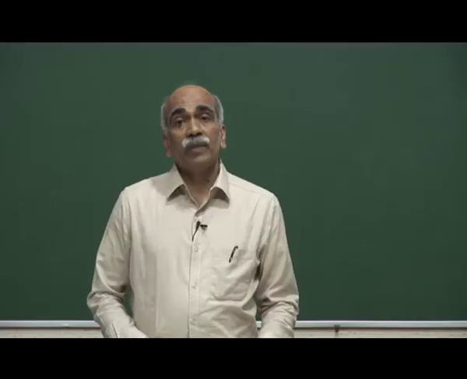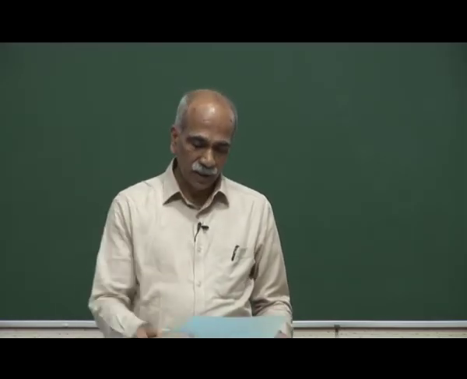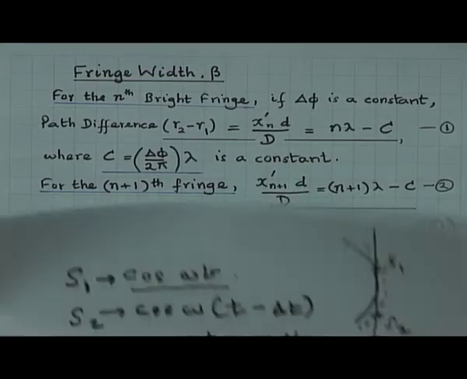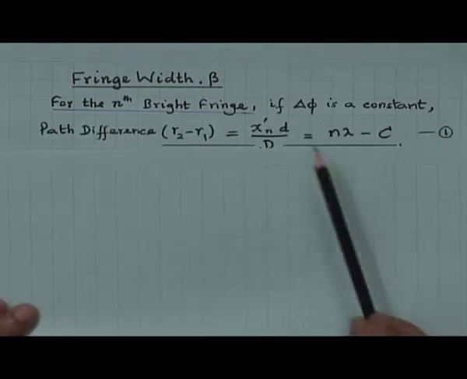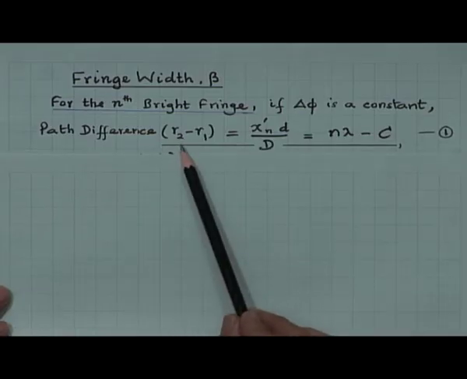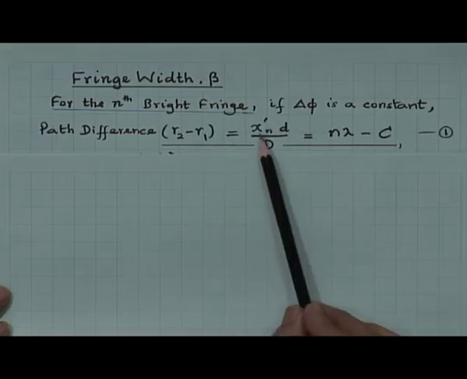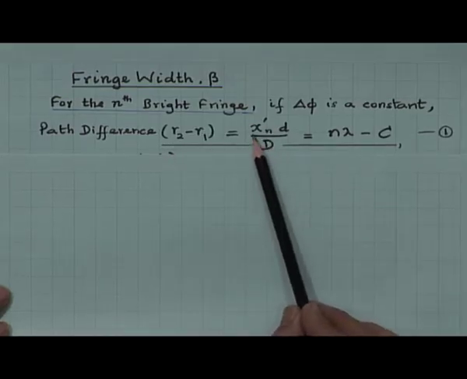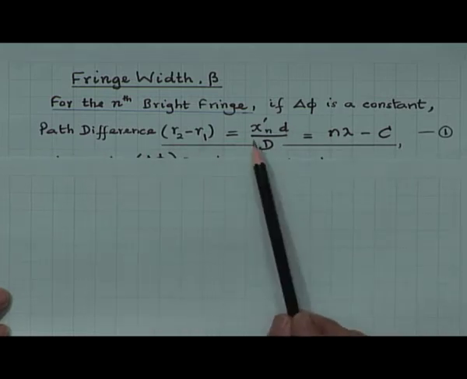What is the effect of this on the fringe width? Let us see the effect of this on the fringe width. Let us look at the nth bright fringe. If delta phi is a constant, then the path difference r2 minus r1, which we have already calculated in terms of the x coordinate, is x n dash d by D for the nth fringe.